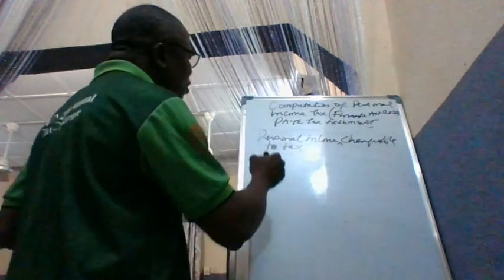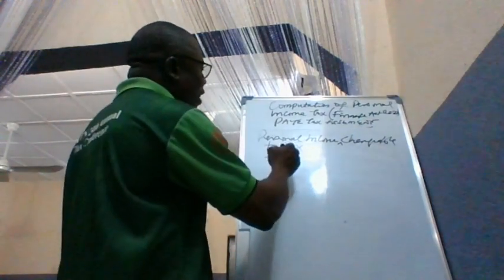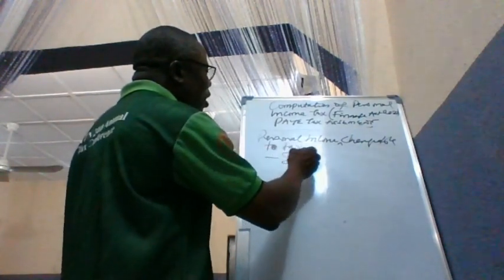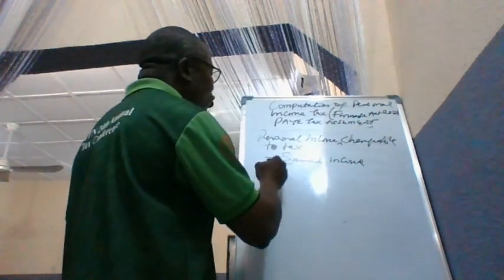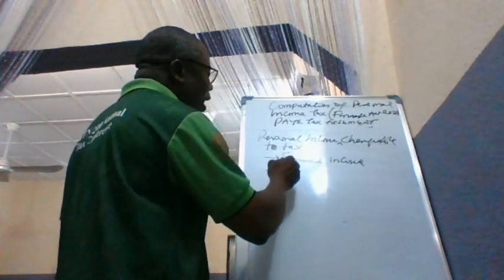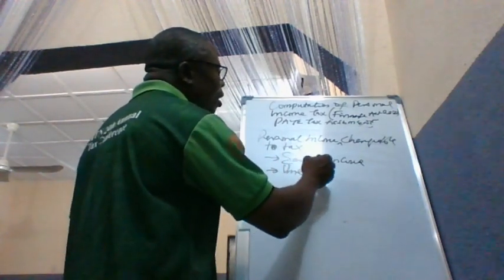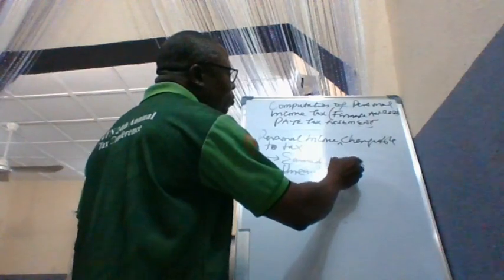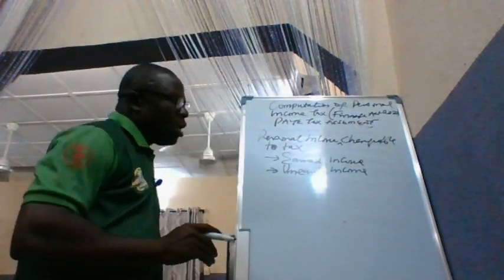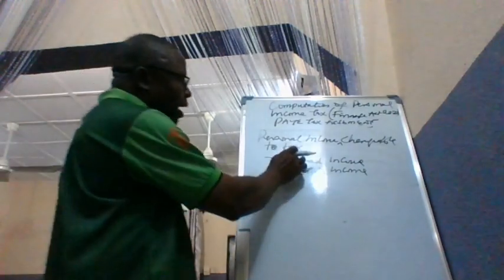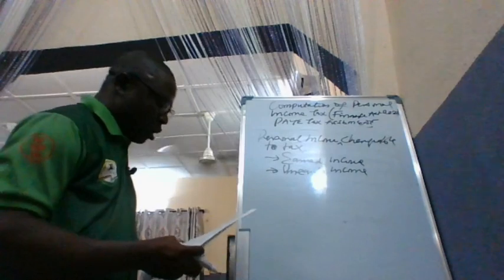There are two basic types of income. One is earned income. Number two is unearned income. These are the two classes of income, the earned and unearned. Let's look at them one by one.